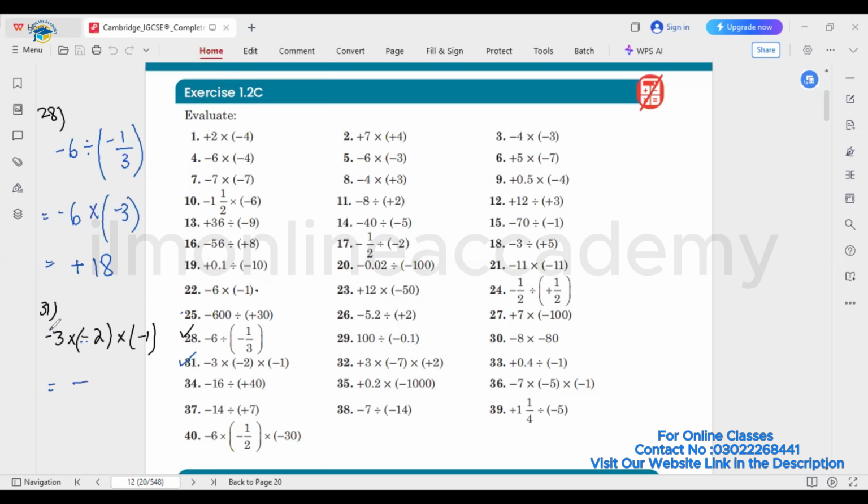When we multiply these two negative signs, they give you a positive sign. But this positive and negative will give you a negative sign again, because firstly we had like signs and now we have unlike signs after the multiplication. Now as you got the sign, you can multiply all these numbers together, like 3 times 2 is 6 and 6 times 1 is 6. So this is your part number 31.